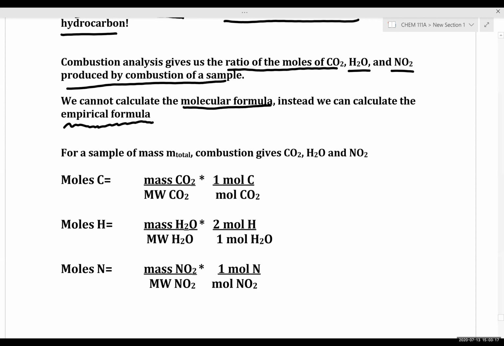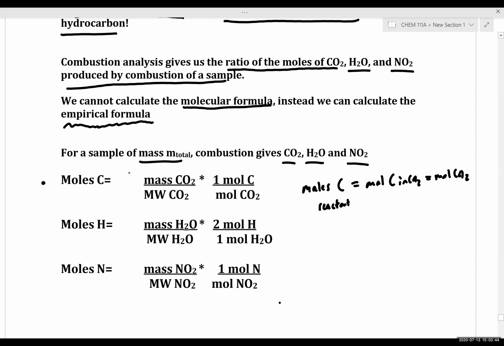So if you have a sample of mass M total, combustion will give carbon dioxide, water, and nitrogen dioxide. And we know that the moles of carbon in our reactant are equal to the moles of carbon in carbon dioxide, which are equal to the moles of carbon dioxide.